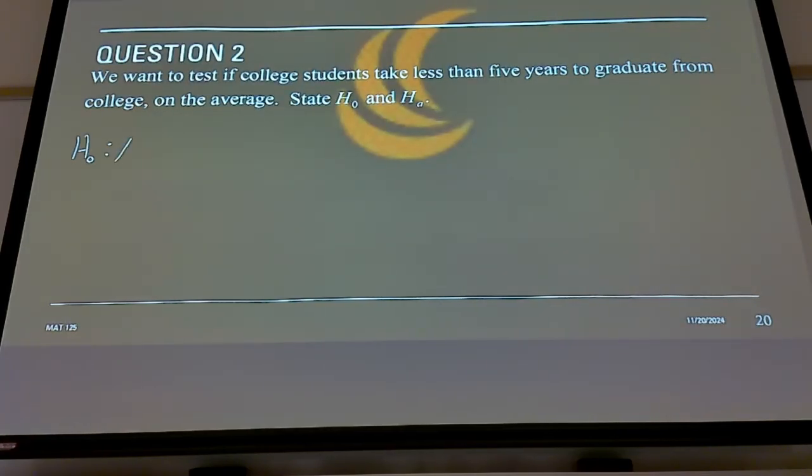Equals 5. Yeah, I just said 0.5. Null is always equals. Okay.